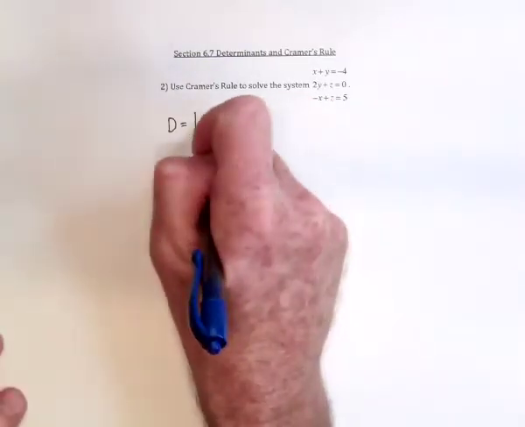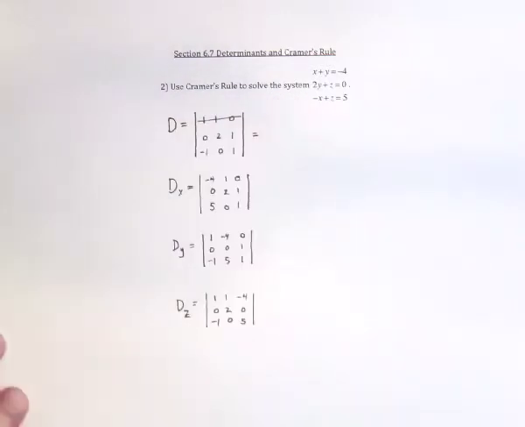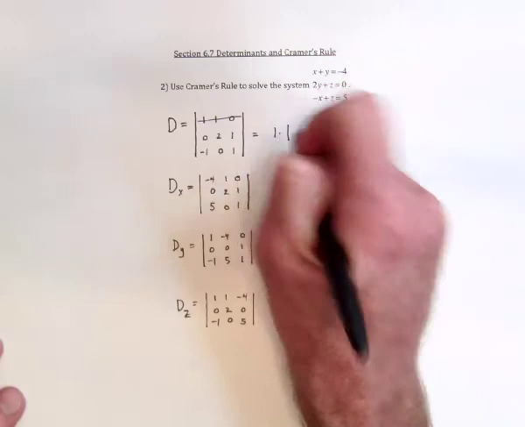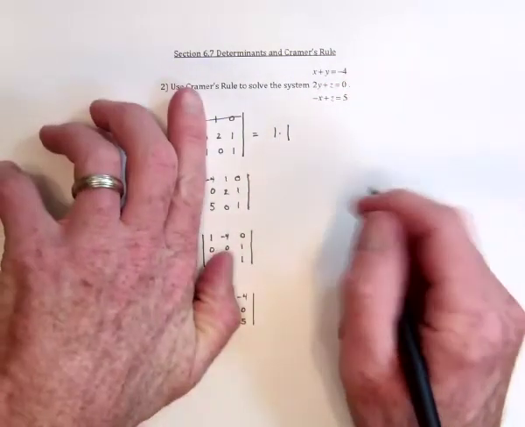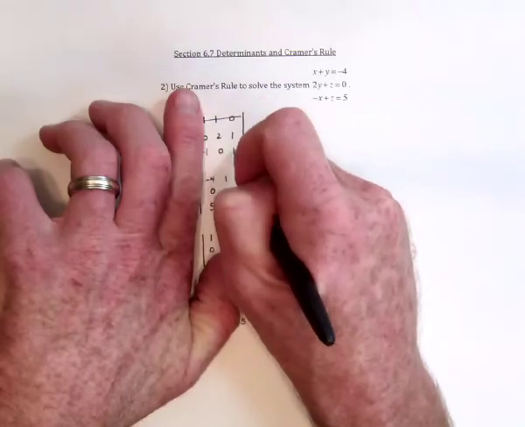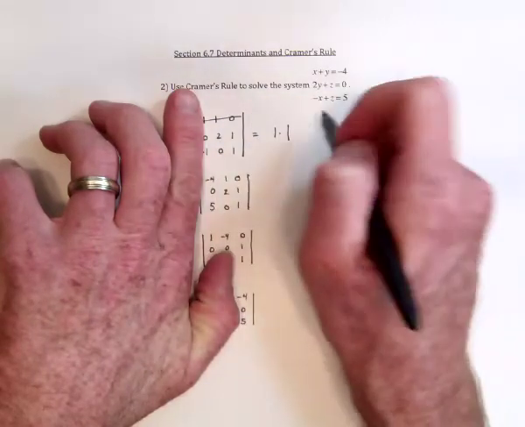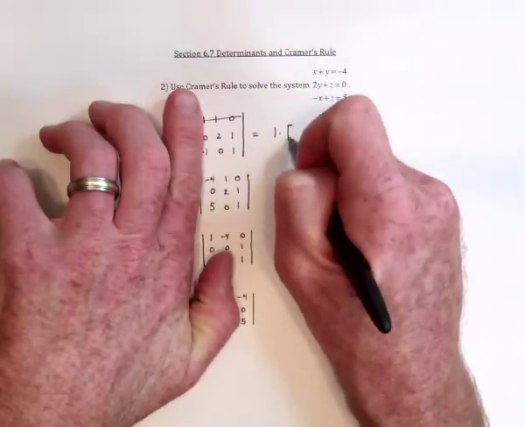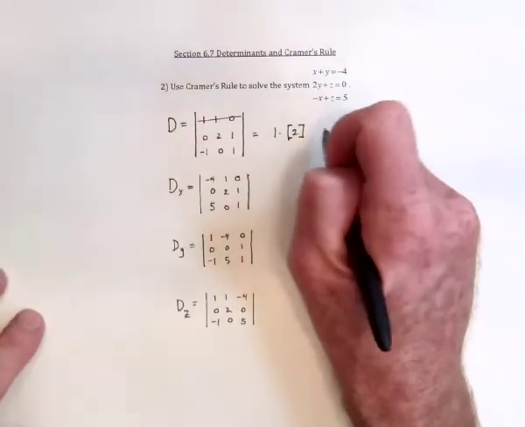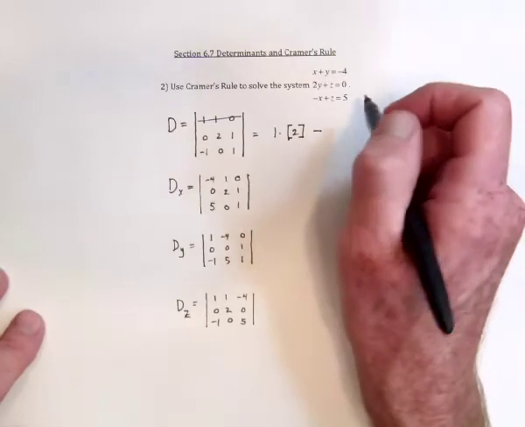So expanding across this row means that I have 1 times, and then if you cancel out the 1, what's left is this 2 by 2 determinant. So that's going to be 2 minus 0. And then alternate the signs, so the next one's negative.